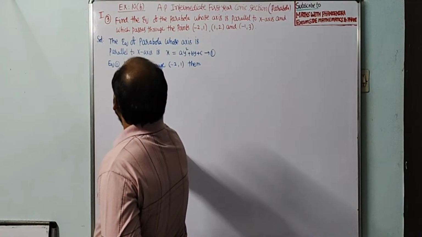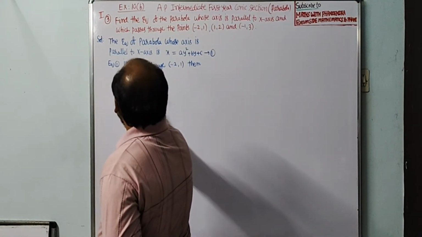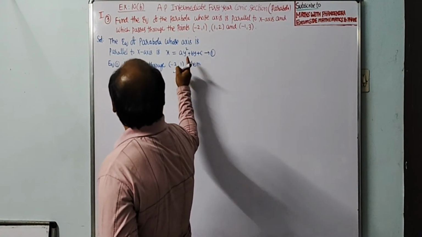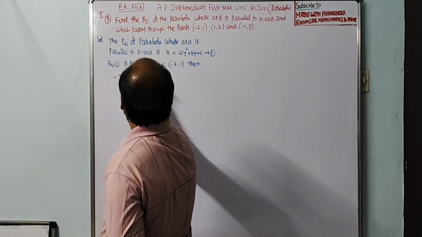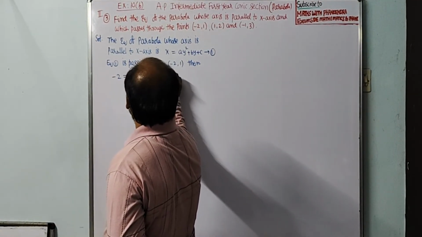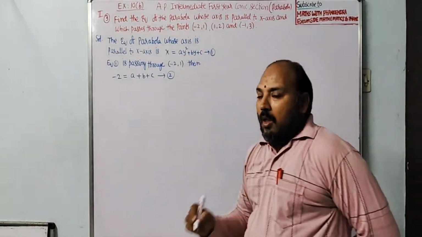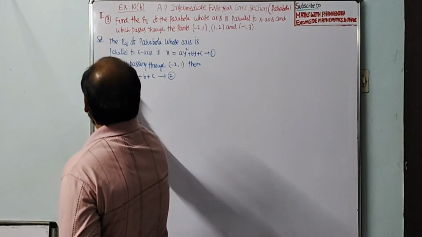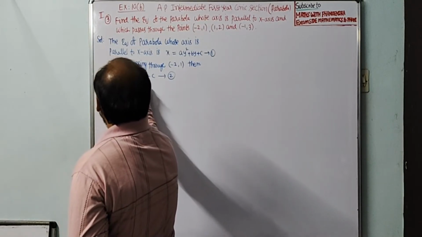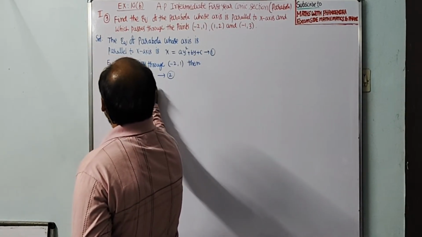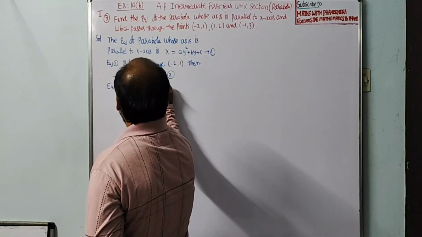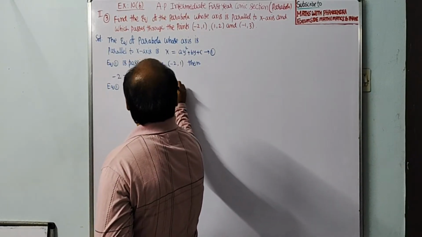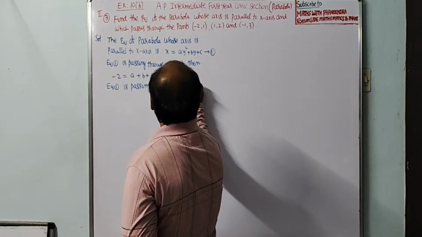So minus 2 is equal to a plus b plus c. Equation number 2. Next, equation 1 is passing through 1 comma 2.